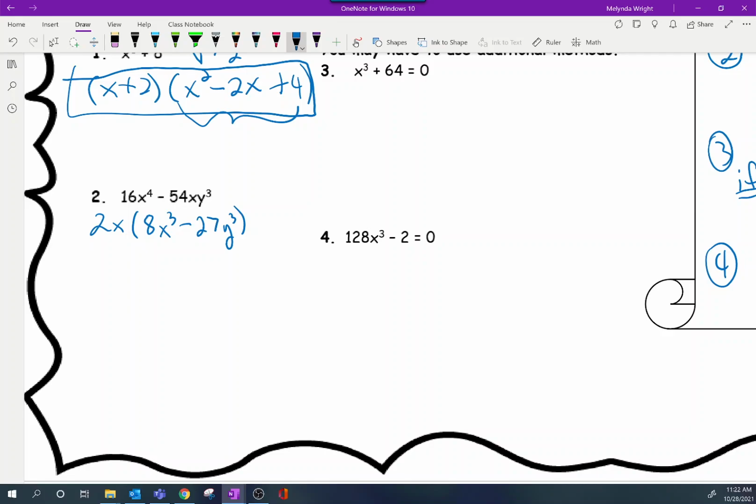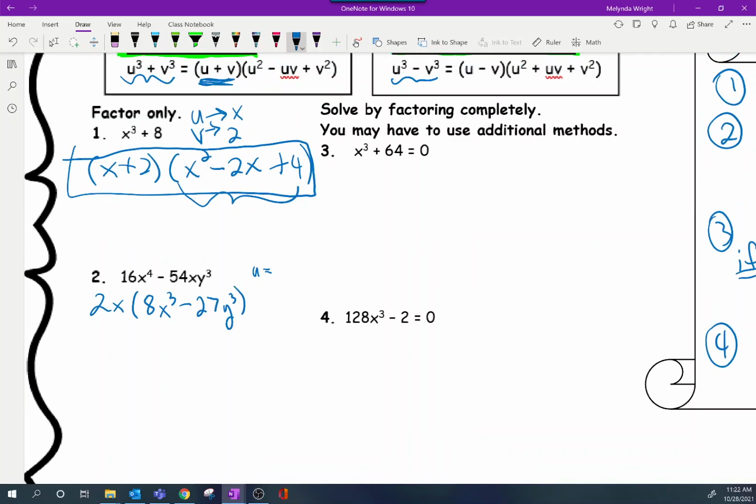So let's write our u and v out. For u, 2 cubed would be 8, so u is going to be 2x. And v, let's think about that. What cubed would give me 27? 3 times 3 times 3 would give me 27. So that's going to be 3y.